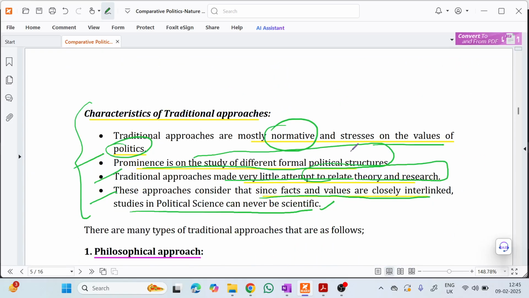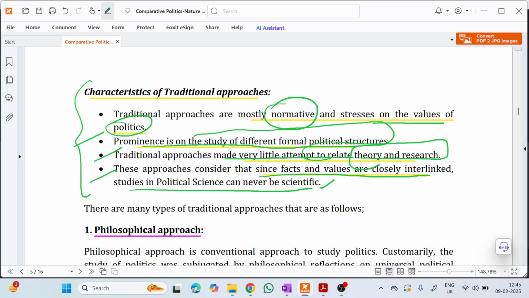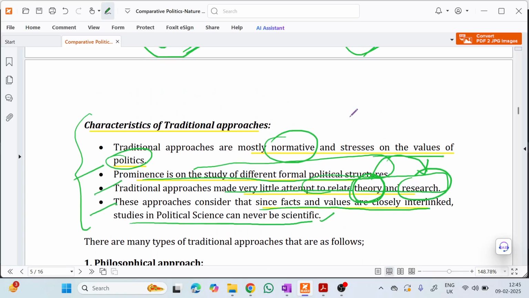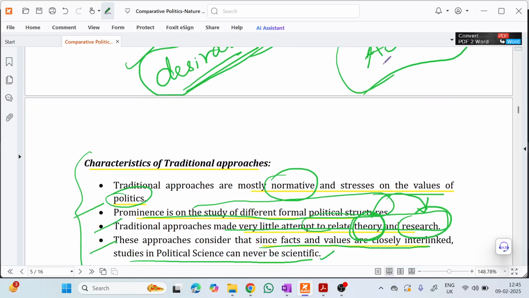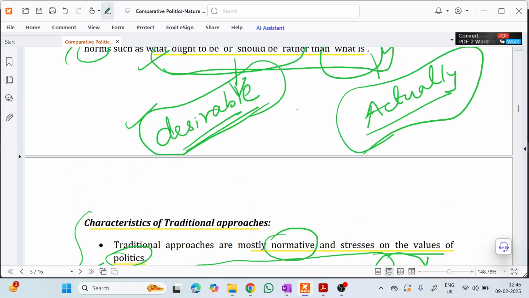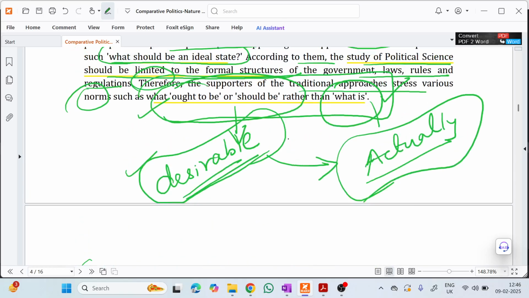In that way, theory means what they had in their mind and research is what they did. They made little attempt to relate both. Because in the back of their mind they had some definite idea of desirable characteristics, whereas the actuality was different from what they found. But finally, their motive was to find a desirable, or you can say a likable or a should-be state rather than what the state is.